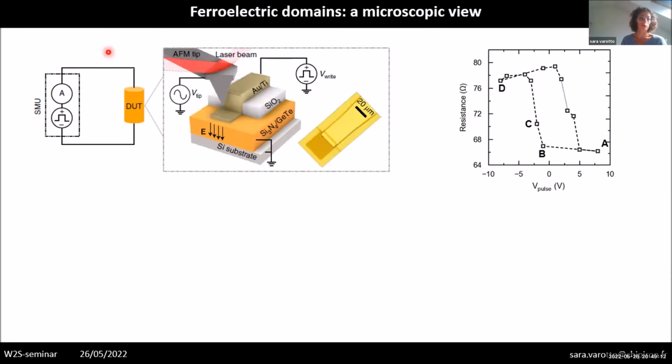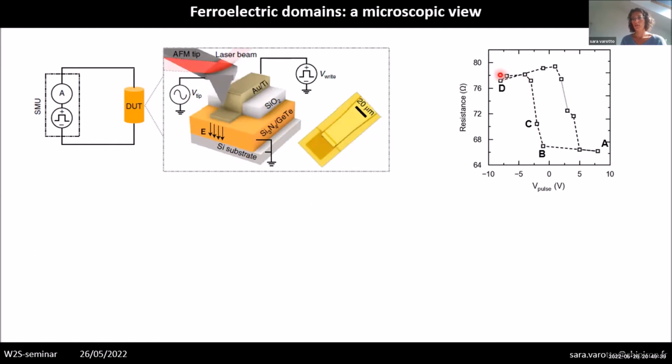We have exactly the same configuration as before, but this time we made the capacitor with a contact thin enough that, by means of an AFM tip, it was possible to measure the piezoelectric deformation of the germanium telluride film and map the ferroelectric domain distribution. This technique is called piezo-response force microscopy. So we can measure the domains while we are switching the resistance.